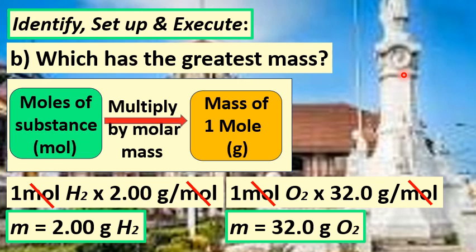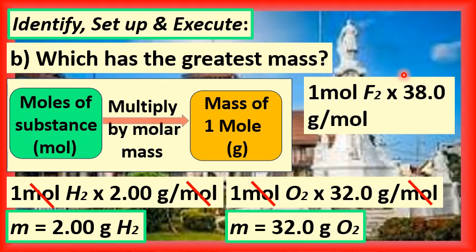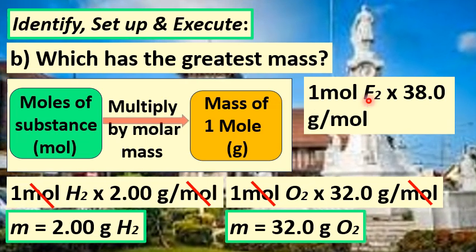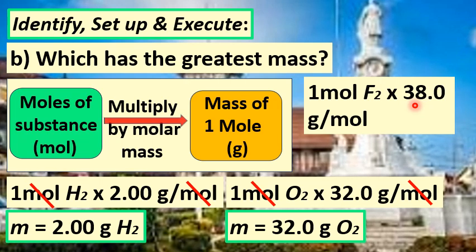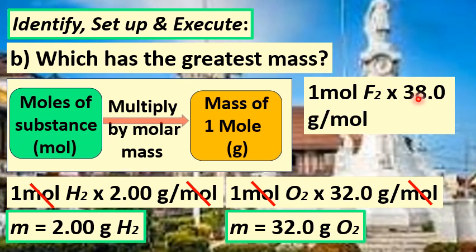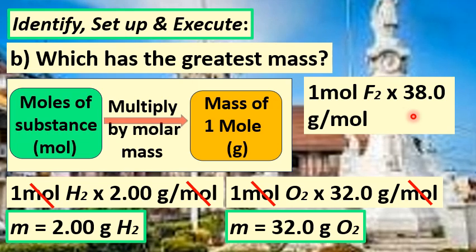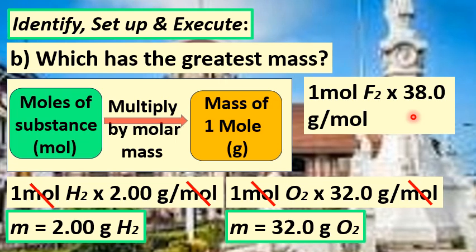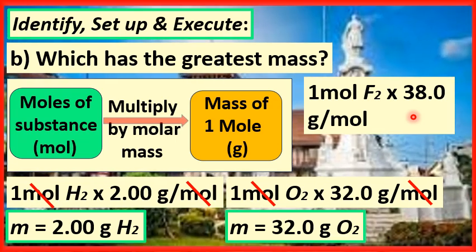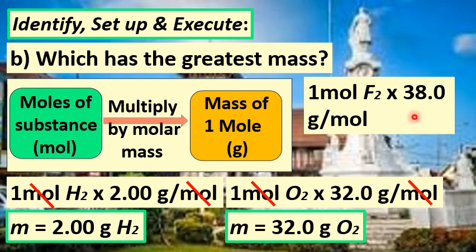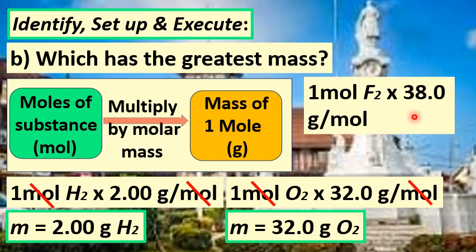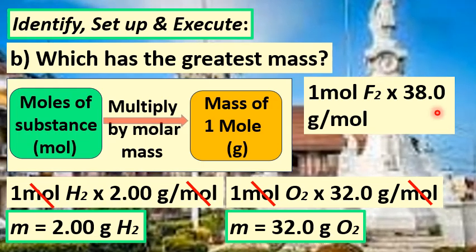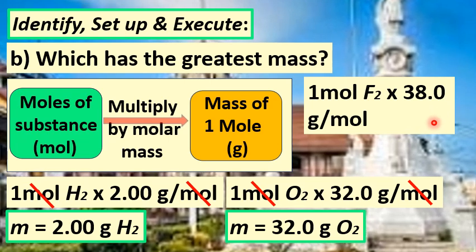And lastly, for the mass of the fluorine gas F2, we multiply 1 mole of F2 gas by 38.0 grams per mole. We got 38.0 grams per mole by multiplying the atomic mass of the fluorine element, which is 19.0 atomic mass unit. So 19.0 atomic mass unit multiplied by 2 will give us 38.0 atomic mass unit.